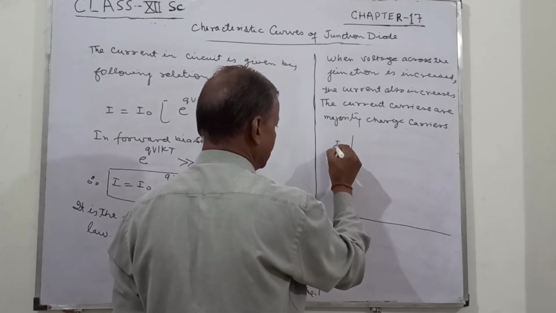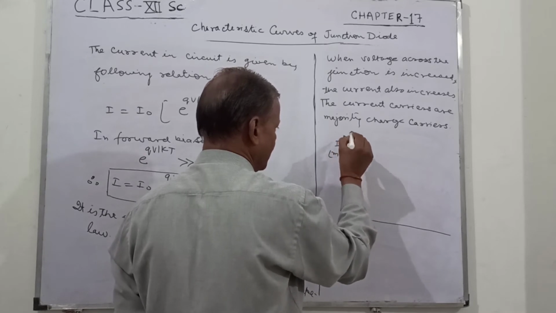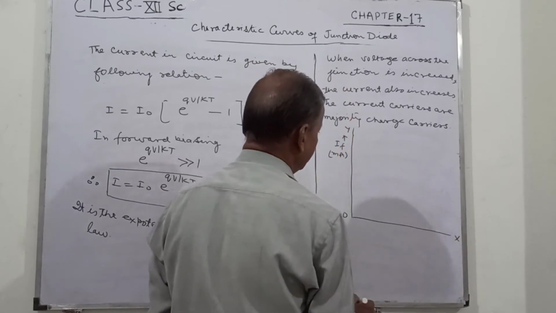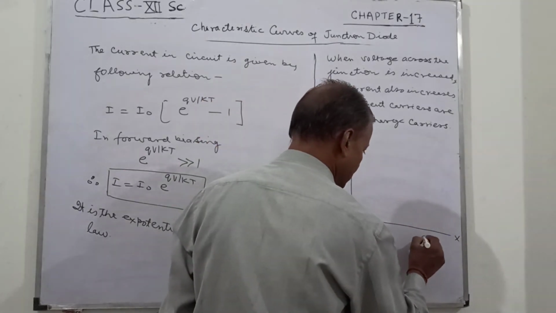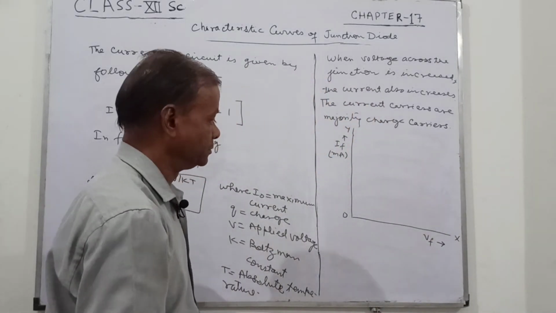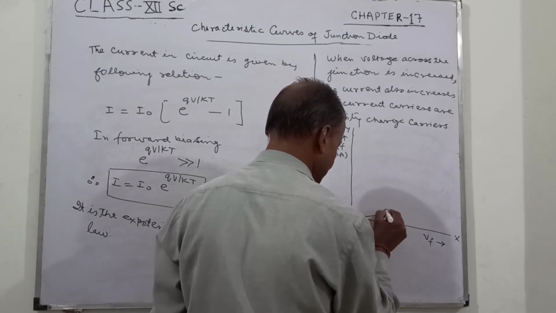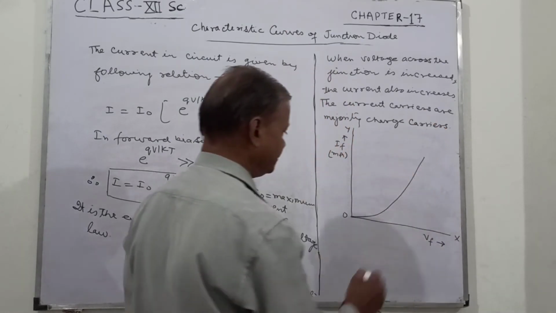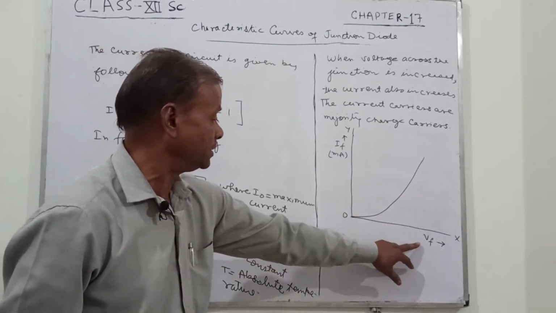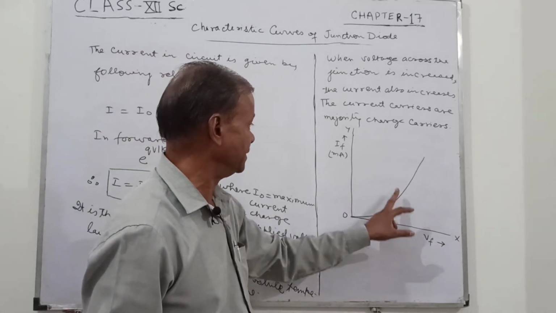Here we take the current IF, in milliampere, on this axis. This is, suppose, the y-axis. This is 0, this is the x-axis, and here we have the voltage Vf. F means forward, and the curve that we get here is like this. You see that this curve is not a straight line. Initially, when no voltage is applied, If is equal to 0, and as the voltage is applied, the current increases.